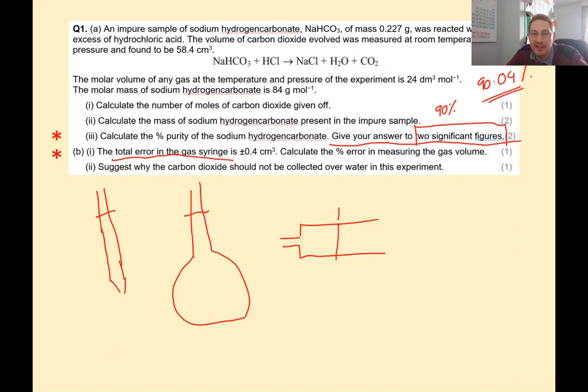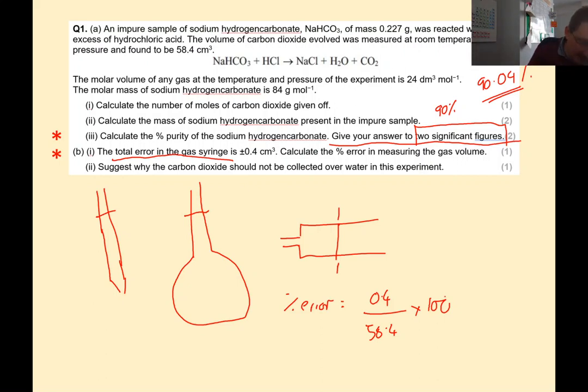So wherever you read it to, they're giving you one reading, and therefore the percentage error is the actual error, 0.4, divided by the volume you collected, 58.4 centimetres cubed, times by 100. 0.4 divided by 58.4 times by 100 is 0.684, hopefully.